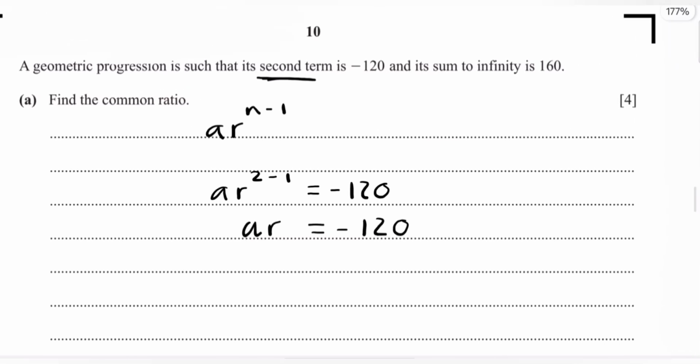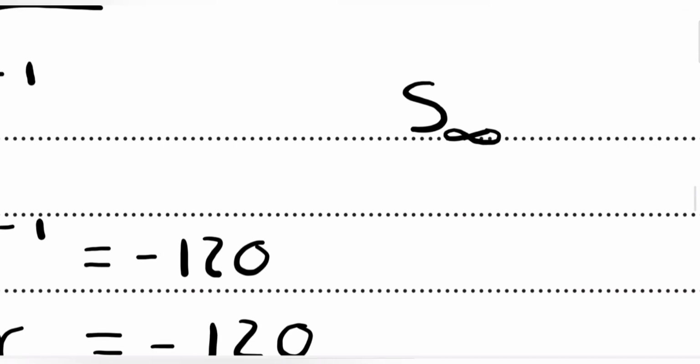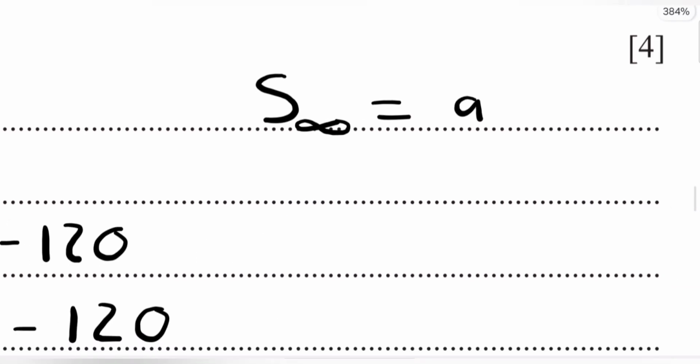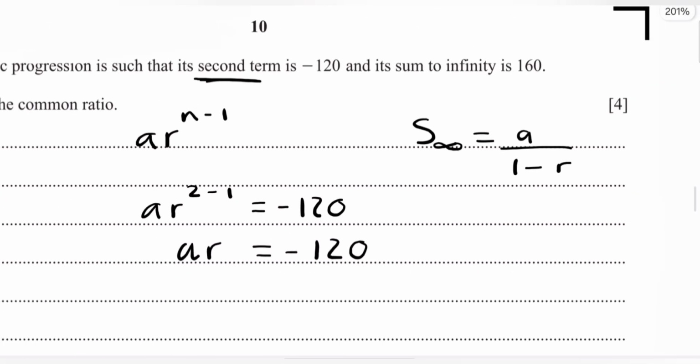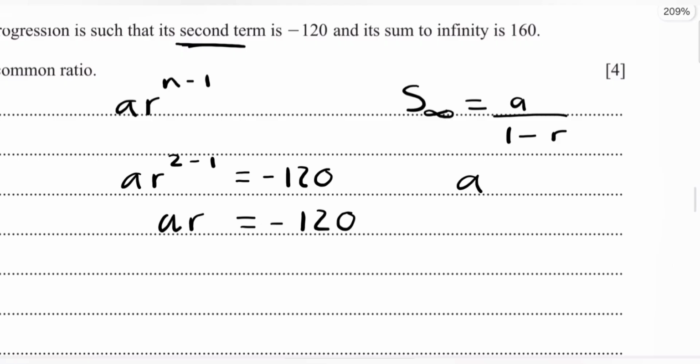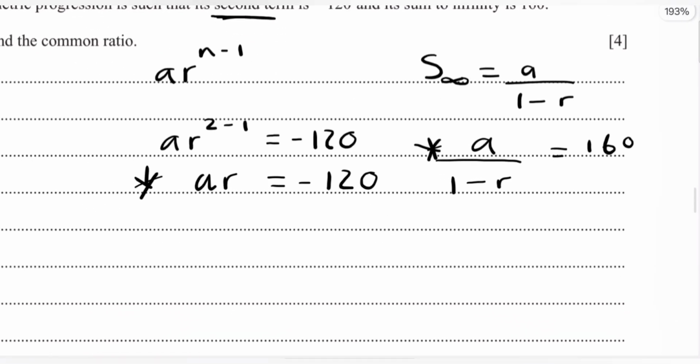And we're also told that the sum to infinity is 160. And we know sum to infinity is a over 1 minus r, right? So we write it as a over 1 minus r is 160. Then we solve these two simultaneously to get r.